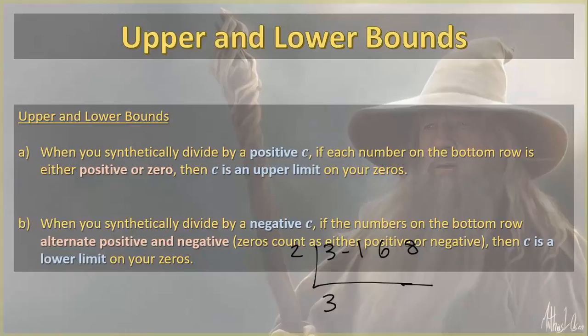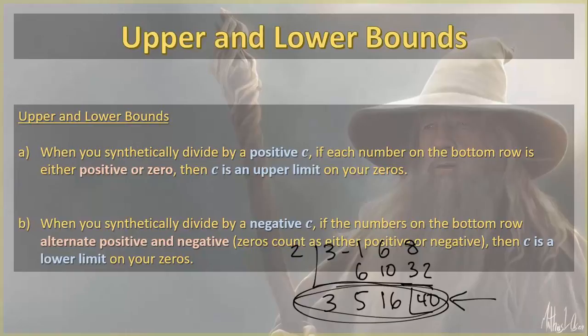I'm going to get 3, 6, 5, 10, 16, 32, 40. All of them are positive. The bottom row, including the remainder, they're all positive. I divided by a positive. So that tells me 2 is my max. There's nothing greater than 2. Okay? So this is what they mean by the bottom row.